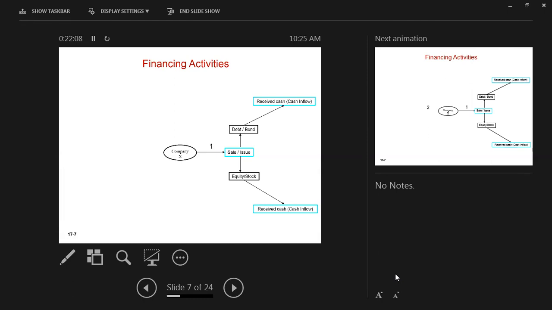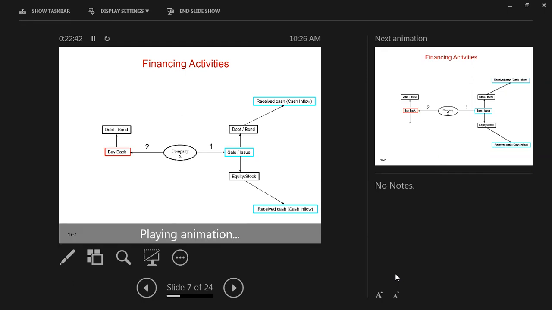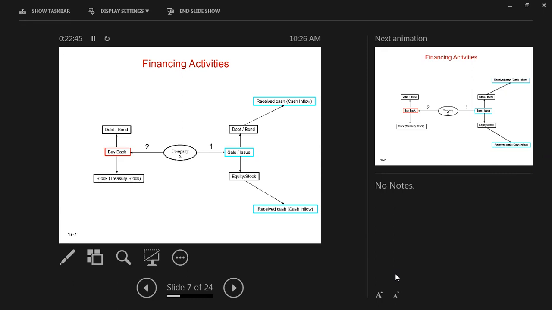Now, if you remember your previous two chapters, we talk about long-term liability and accounting for corporation. If you remember, two terminology is about buy back the bond and buy back the treasury stock. Can you remember? So today you sell bond, but in future you may buy back the bond. So look at example 2. Your company don't want to continue bond, don't want to continue stock. So your company can buy back some bond, or your company can buy back the treasury stock.